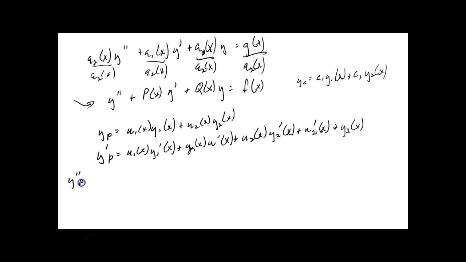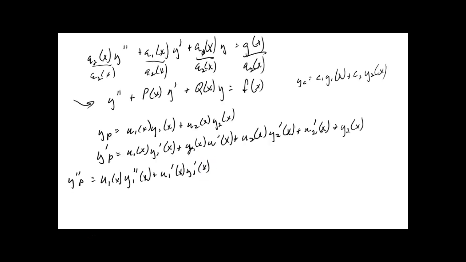Y double prime, y sub p double prime would then be, start with the first one, u1 of x, y1 double prime of x. Next, u1 of x times y1 prime of x.